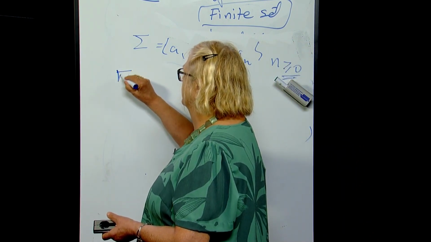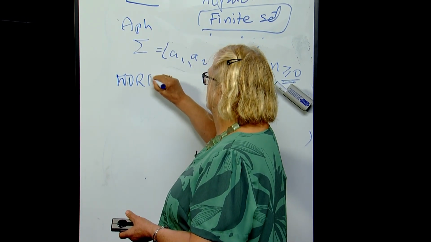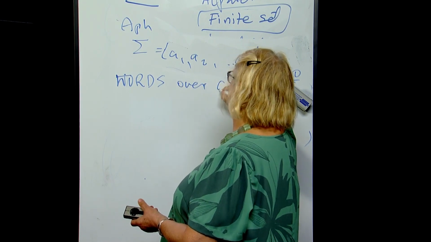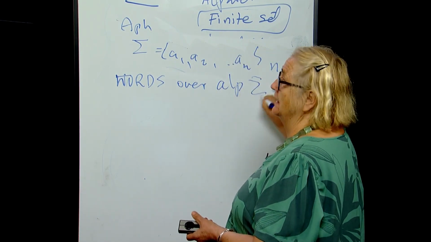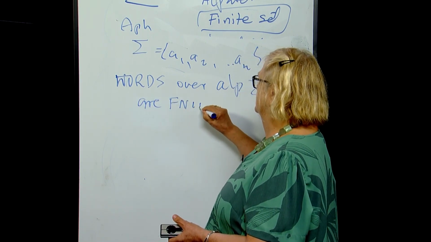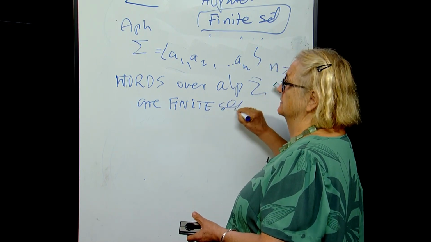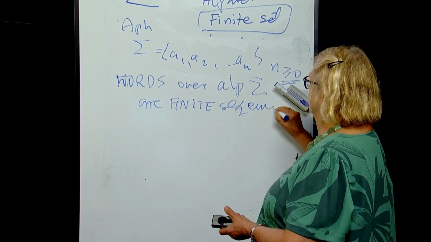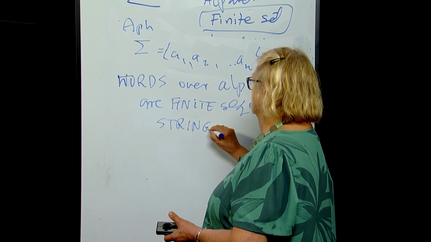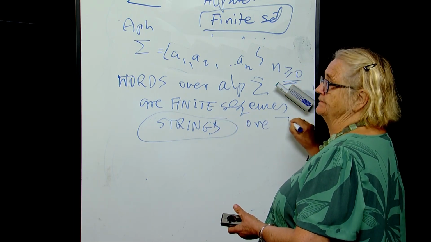Now, finite words. So this is an alphabet. Words over alphabet sigma are finite sequences, which we call strings, over sigma.